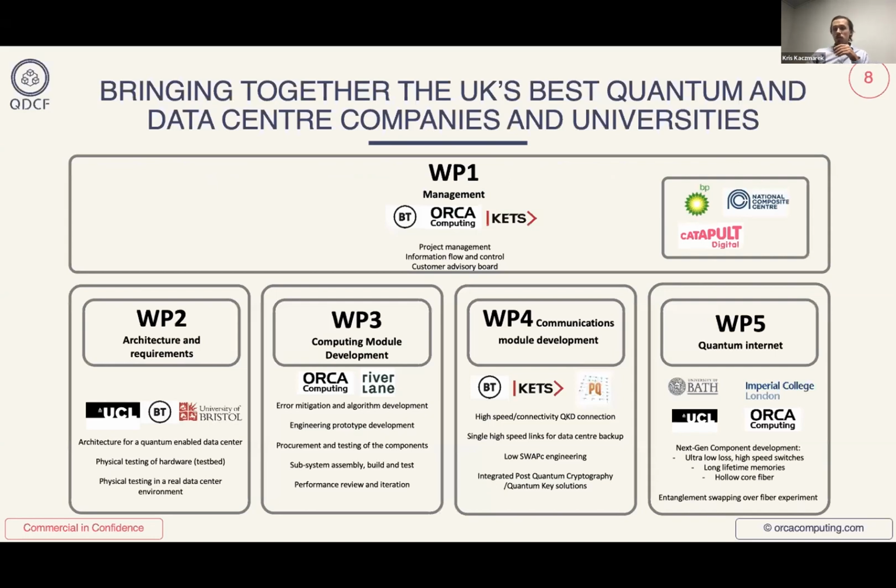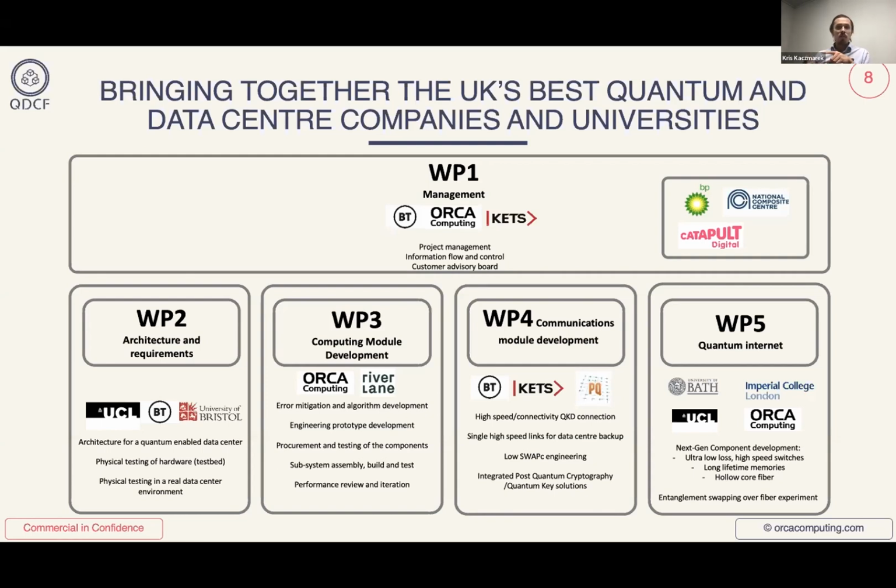So to solve these huge challenges, we've assembled a superstar team of partners, from large corporates that can provide use cases such as BP, to companies that own and know a lot about data centers, such as British Telecom, BT, to all the quantum SMEs that are developing this new type of technology, from Ketz Quantum on the security side to Orca Computing on the computing side, to the best academics to figure out the outstanding research and scientific challenges to be able to miniaturize and scale up these types of technologies.